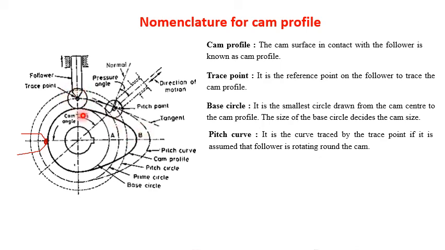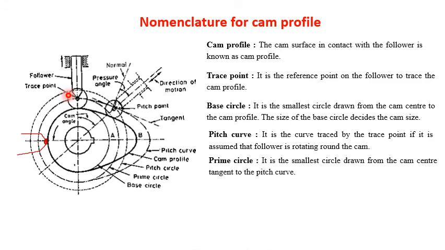Since we are using a roller follower and this is our trace point, whatever profile this trace point is going to draw on the surface of the cam profile, we call it a pitch curve. So this pitch curve is the curve traced by this trace point. Clear?